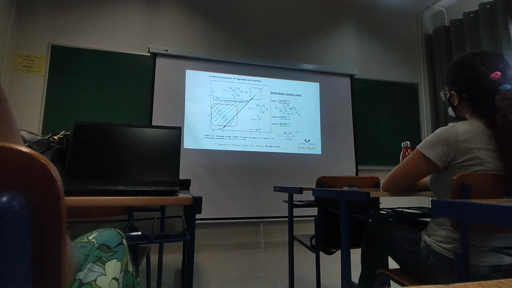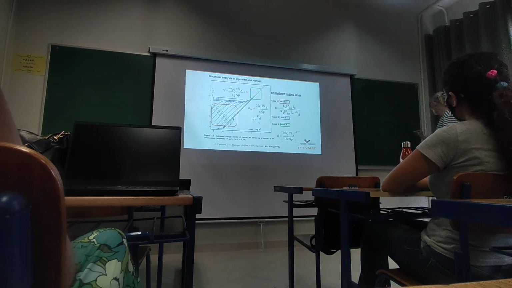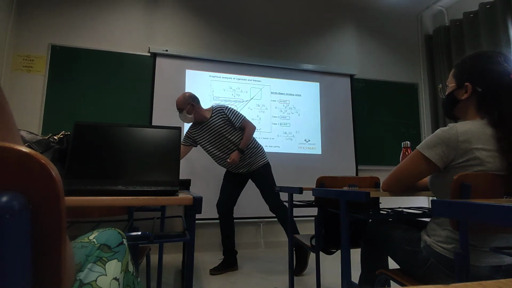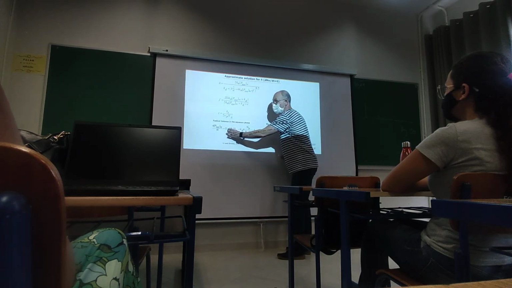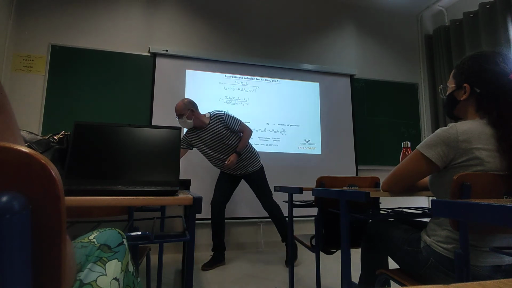So, M bar, we know what it is. This term is basically the rate of generation of radicals in the aqueous phase divided by C times NP. Okay?